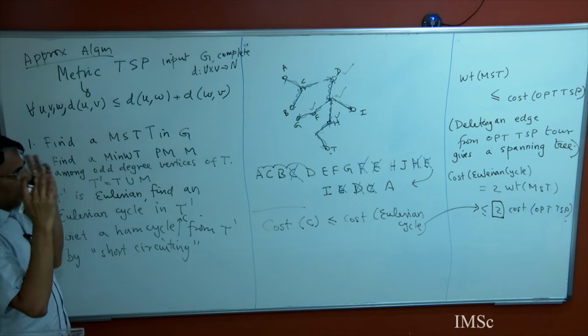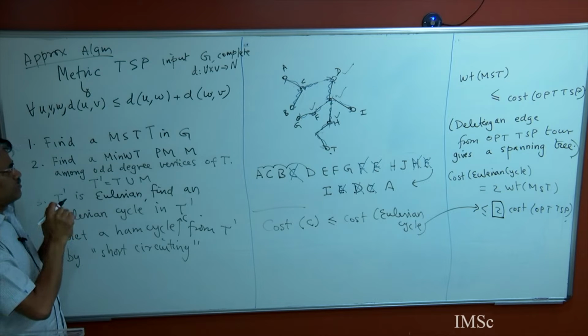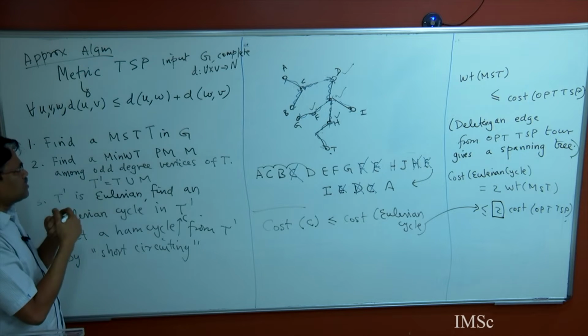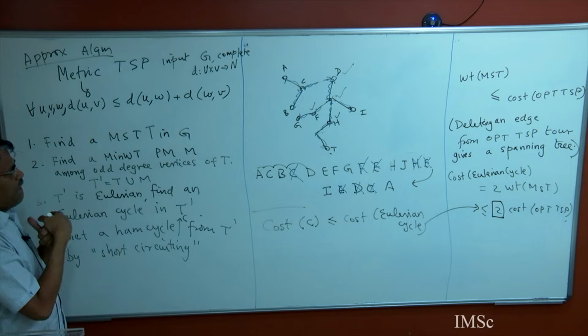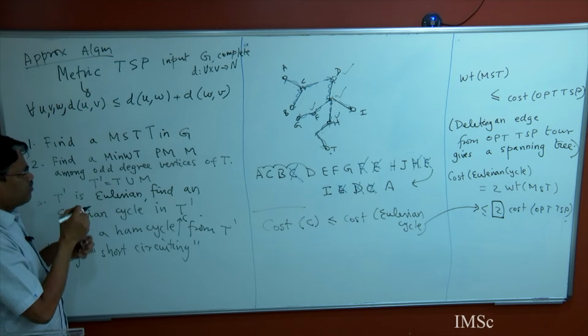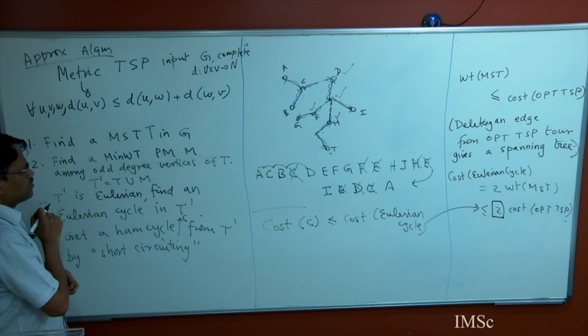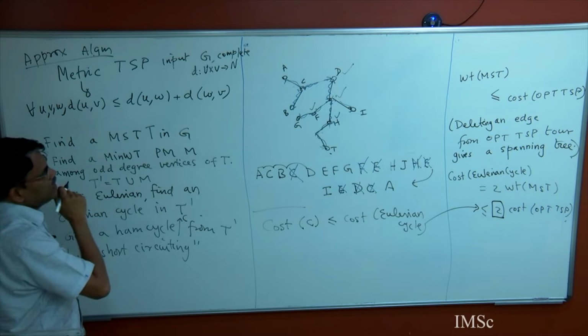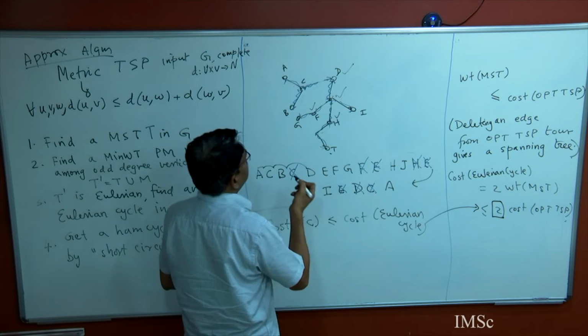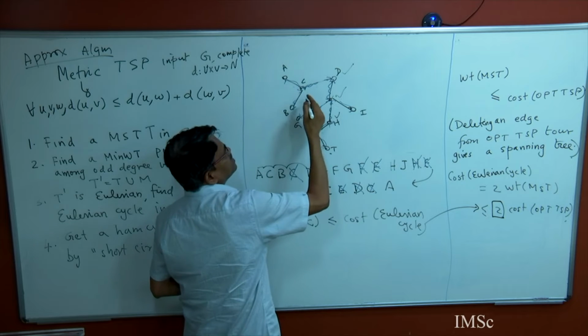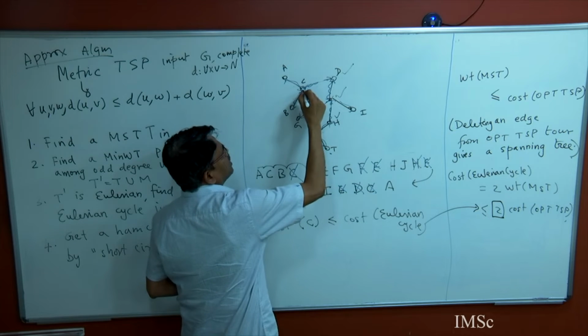So, you can again do your matching algorithm and modify it to get a minimum weight perfect matching. Okay. So, this minimum weight perfect matching may actually use one of these edges as well, because this is odd degree, this is odd degree.